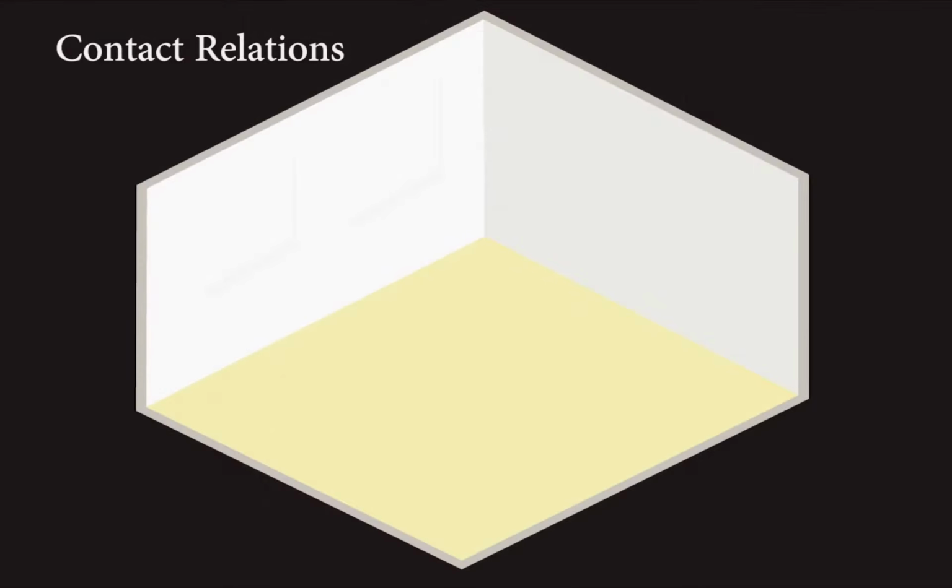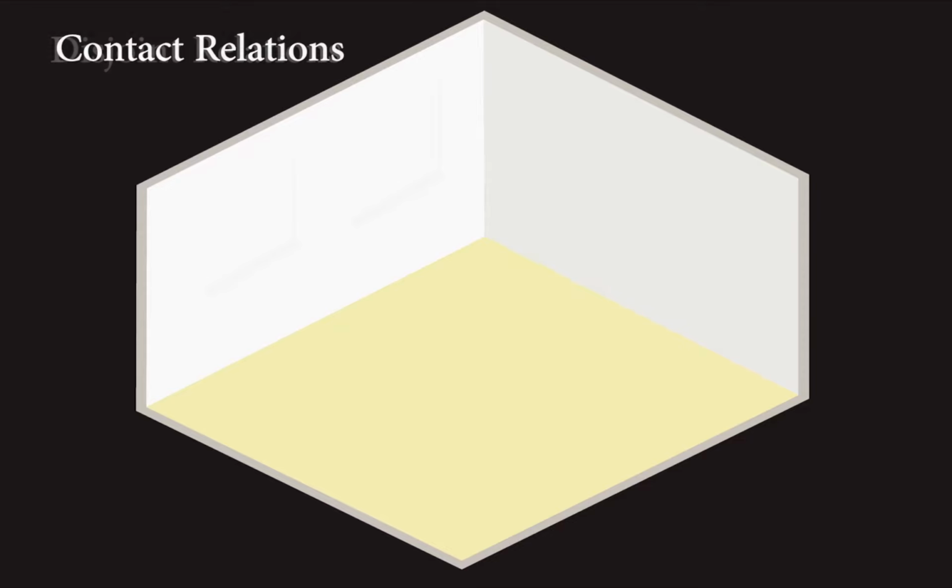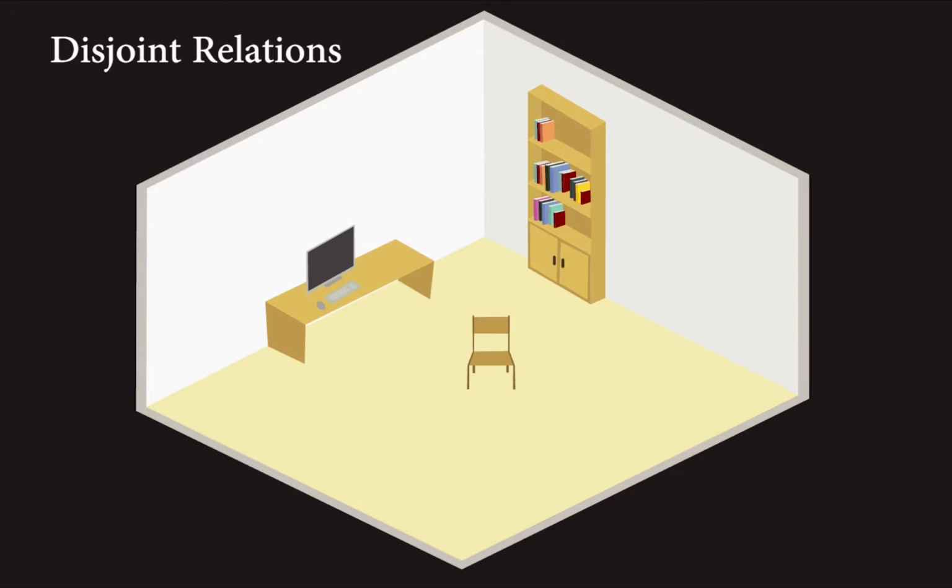Based on the results of the experiments, preferred spatial prepositions for contact relations were against, on, and touching. The term against was the most preferred when referring to immovable objects in direct connection with a structured object. For example, the bookshelf is against the wall. For disjoint relations, the most preferred prepositions when referring to an object not in direct contact with another object were near and next to.